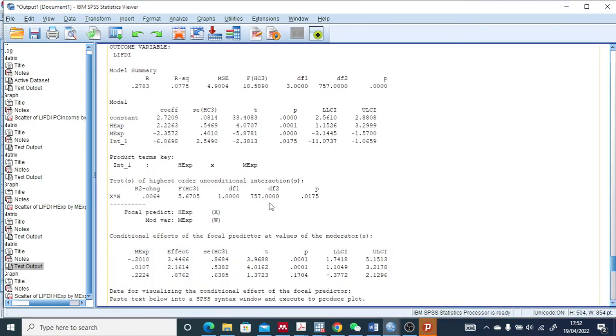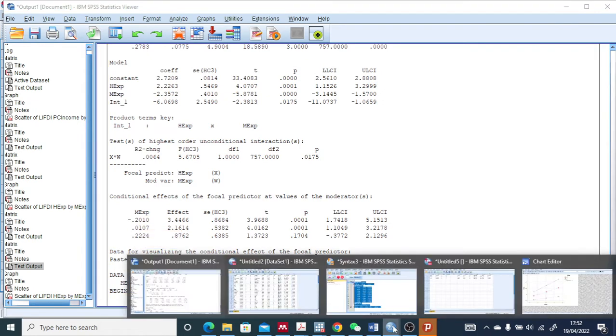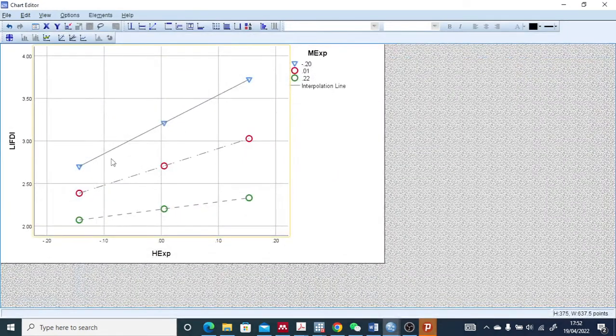So here you can see from this conditional effect, when the military expenditure is less, the effect size is more. From this graph you can also see that the moderator has been distributed into three levels.